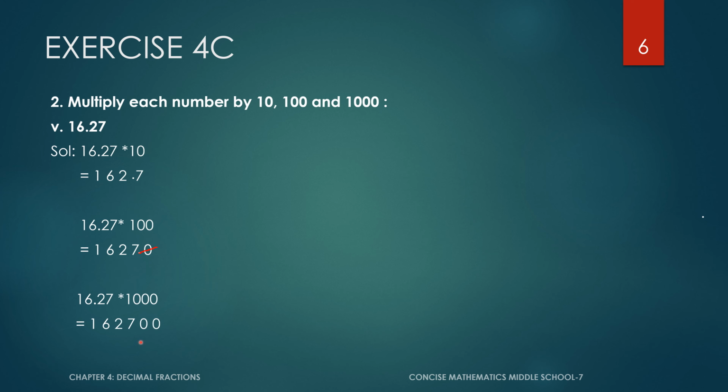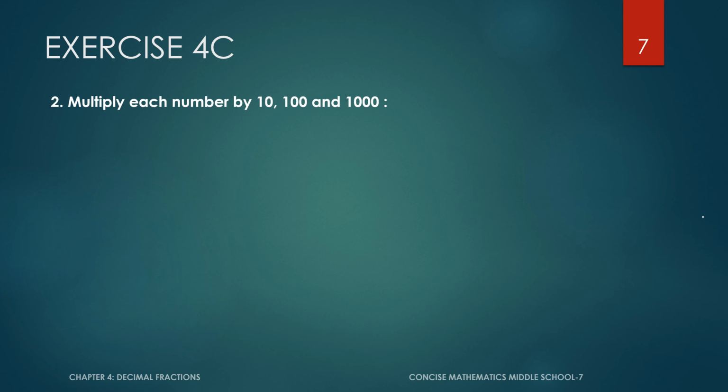I have placed some extra zeros because you need to move it 3 times, but here you can move only 2 times, right? So I have placed another 2 zeros and move it 3 times. When you move it 3 times, again after point it is 0, so just remove it and it will become 16,270.